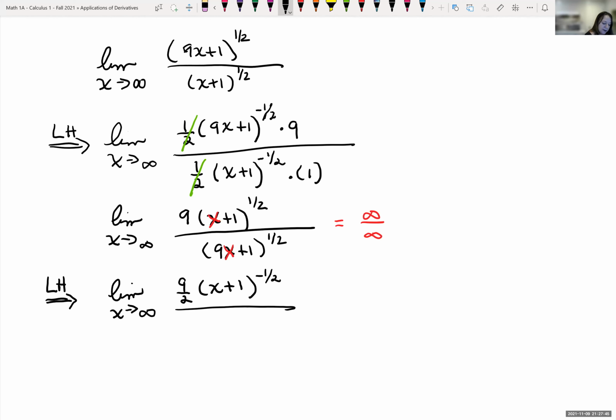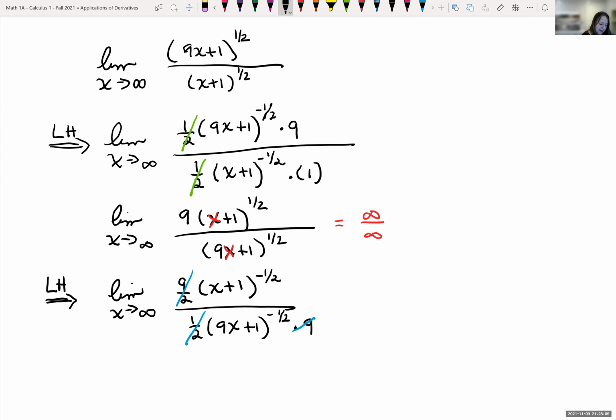So bringing my power down, I have 1/2 of the inside, 9x plus 1, subtract 1 from our exponent is negative 1/2, times the derivative of the inside, which is 9. So that 9 times that 1/2 in front is 9/2. So I notice that 9/2 will cancel with the 9/2 I have in the numerator.